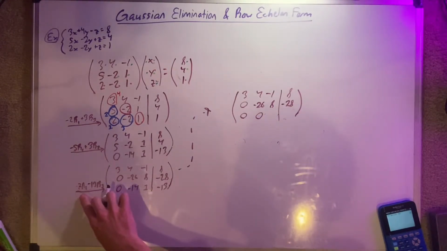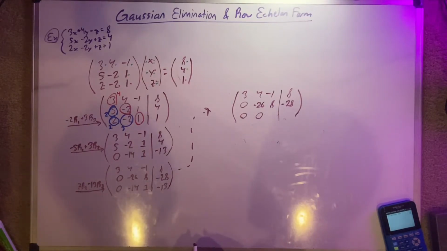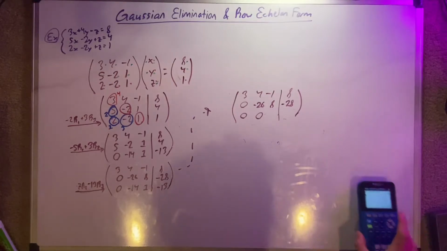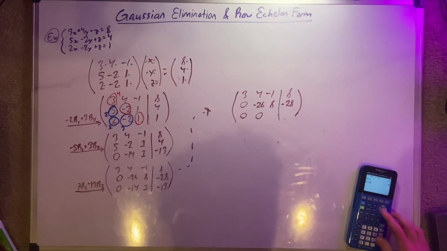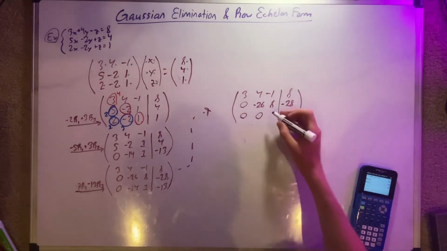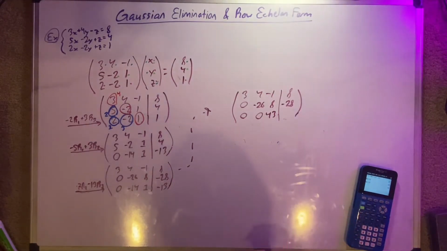So we have 7 times 8, which is 56 minus 13. 56 minus 13 is 43. Why are you 43? Why aren't you working?